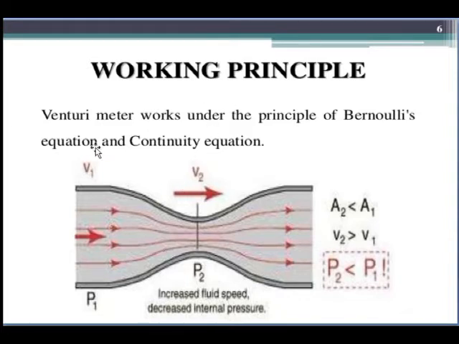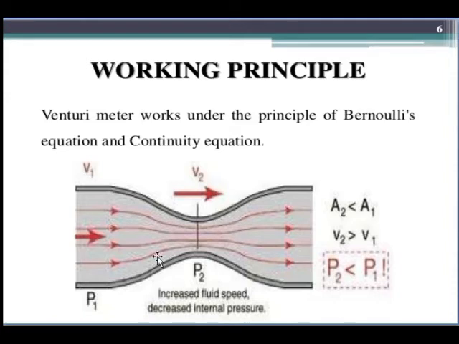The cross-sectional area of the throat is smaller than the cross-sectional area of the inlet section, and due to this the velocity at the throat is greater than at the inlet section. So the velocity of the flow at the throat will become greater than that of the inlet section.